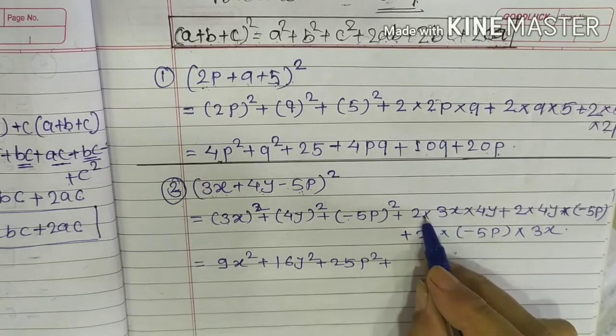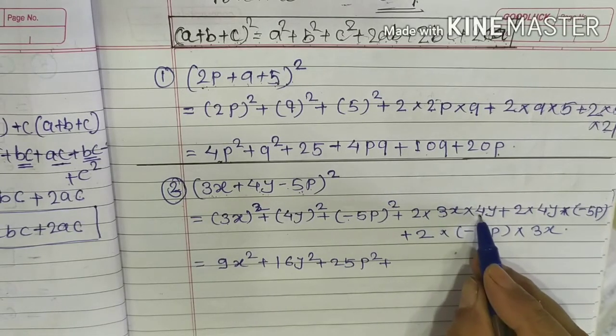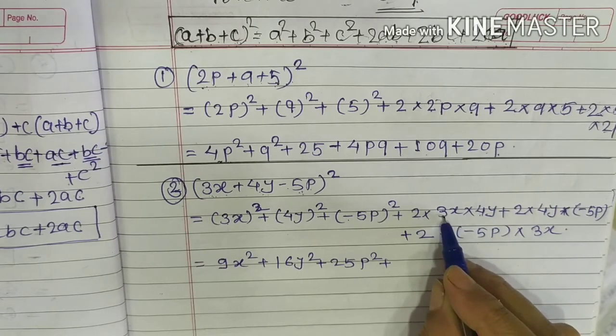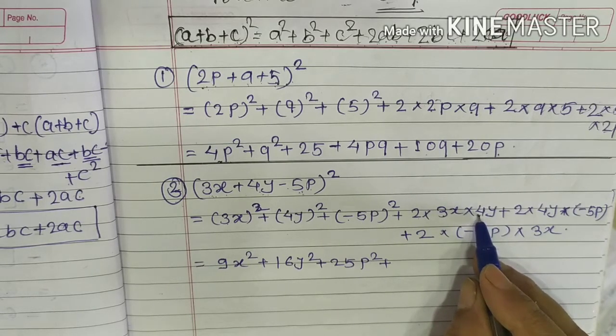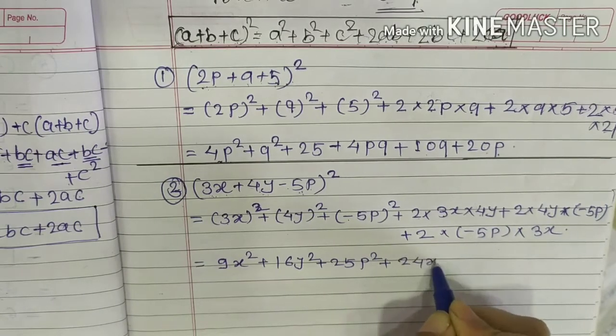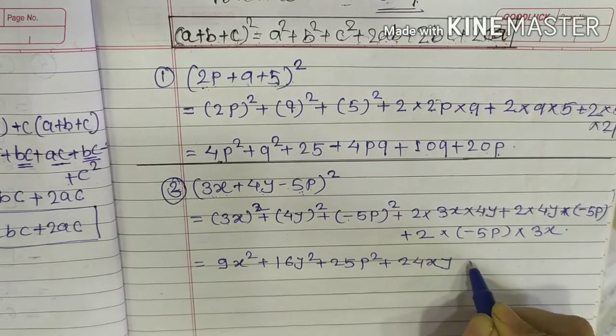Plus 2 into 3x into 4y: 2 into 3, 6, 6 into 4, that is 24xy.